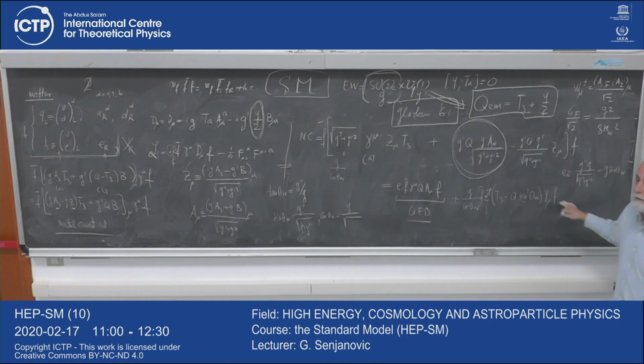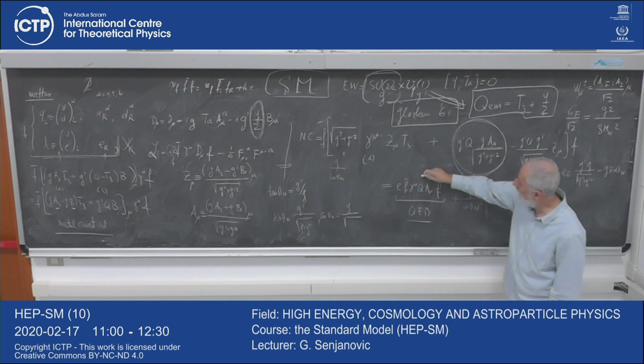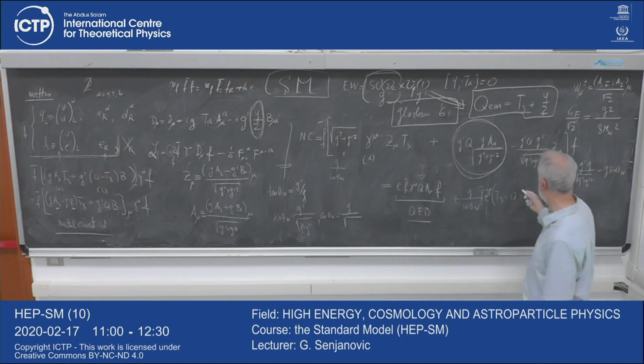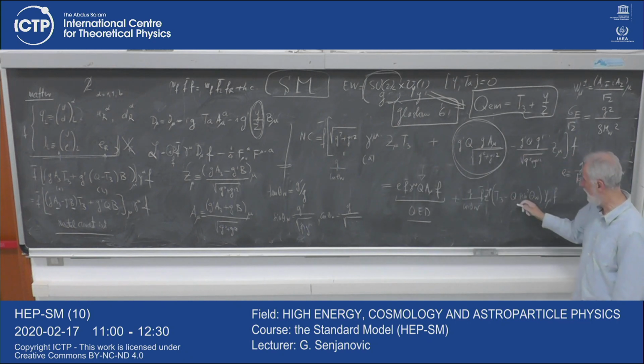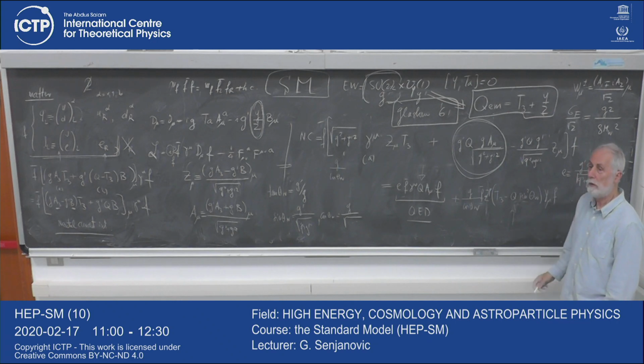See, the Z current is also of a general fundamental form. Whereas the photon couples only to charge, the Z boson is not so selective. It couples to charge too, but it couples also to T3.